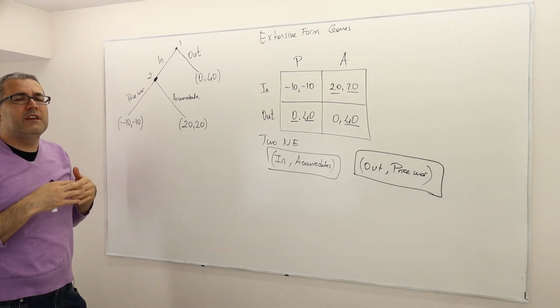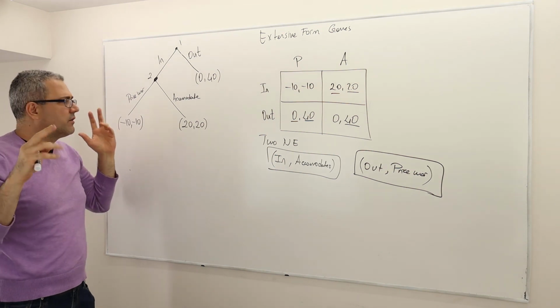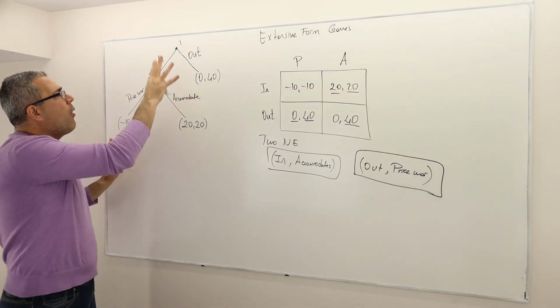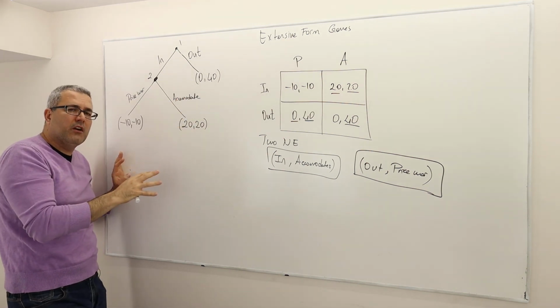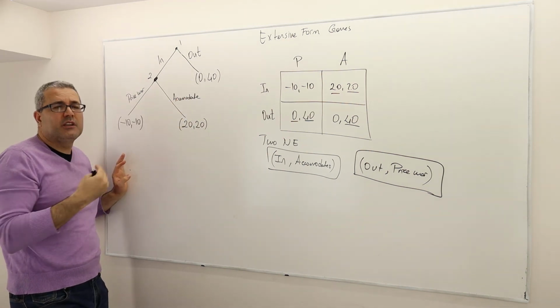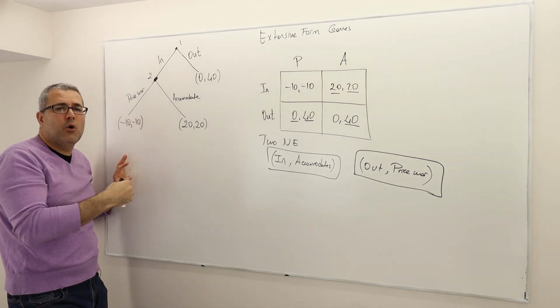Well, remember, we assume that all emotional feelings like hate or envy, whatever, all of those feelings are already incorporated in these payoffs. And players are rational in the sense that they choose their strategies just to maximize their own payoffs.